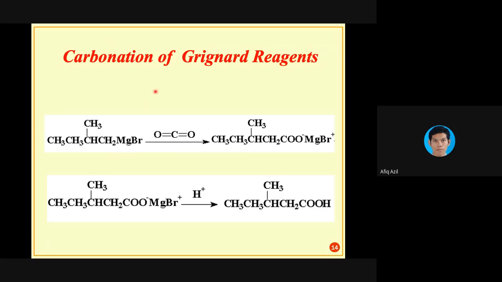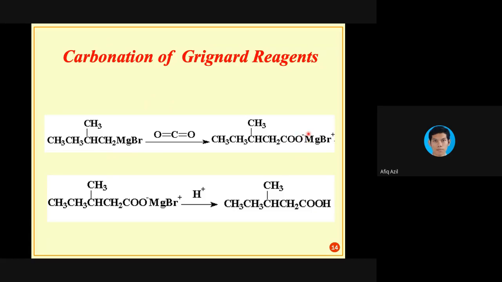The method that is used to convert this Grignard reagent into carboxylic acid is basically carbonation. So the word carbonation means you are going to provide carbon dioxide gas. This is CO2. Just by adding CO2 to the Grignard reagent, you will be able to convert it to a carboxylic acid. This is the reaction pathway in which the CO2 will be added over here, in which the carbon will bond with this carbon. It will form sort of a magnesium complex.